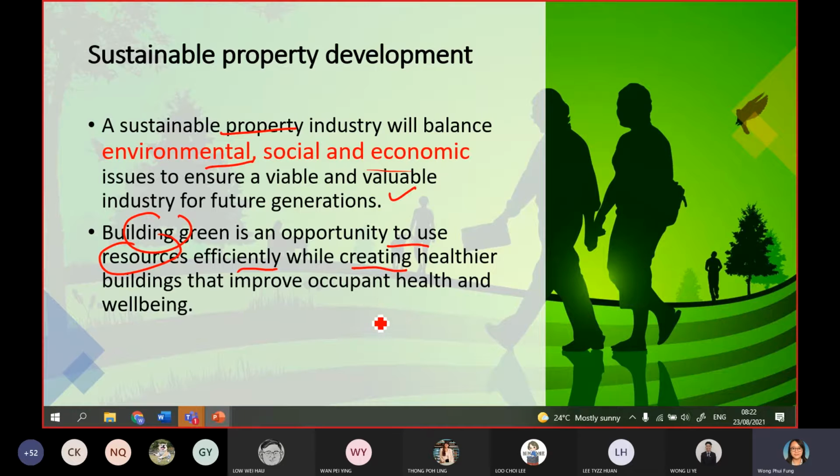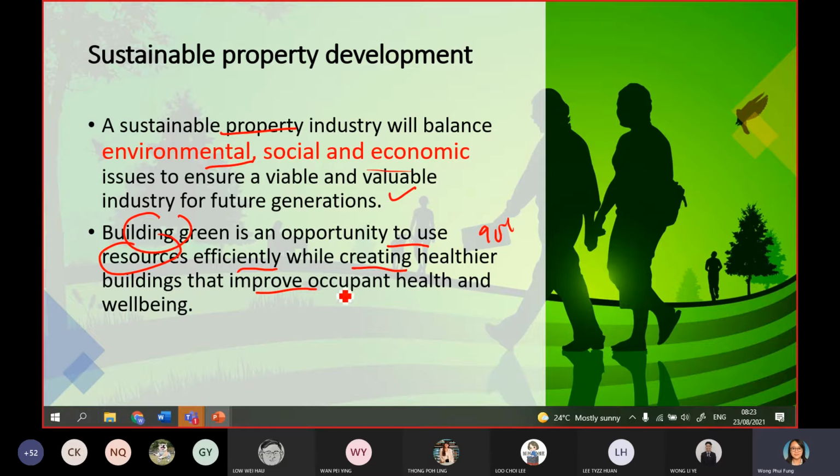Why do we need a healthy building? Because 90% of the time humans spend indoors rather than outdoors. If the building is not healthy, what do you think? How does it affect people if you spend most of your time indoors? A healthy building will improve the health and well-being of the occupants.